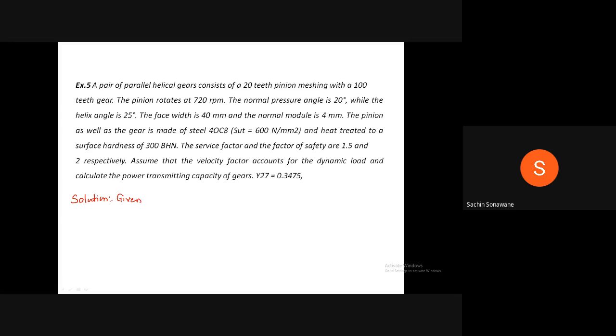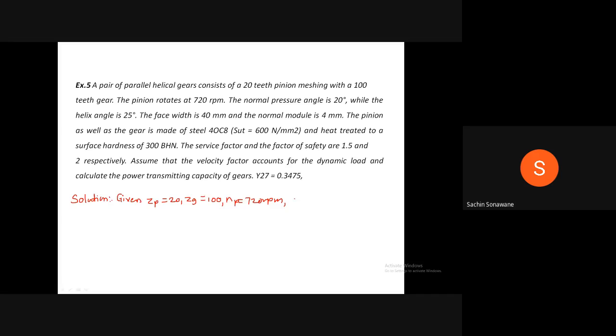Given. Now they have given first of all number of teeth on pinion. Therefore write down ZP is equal to 20. ZG is equal to 100. Speed of pinion they have given NP is equal to 720 rpm.